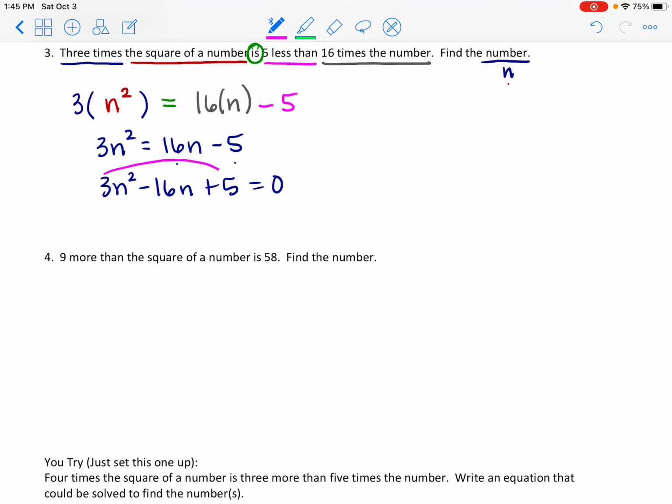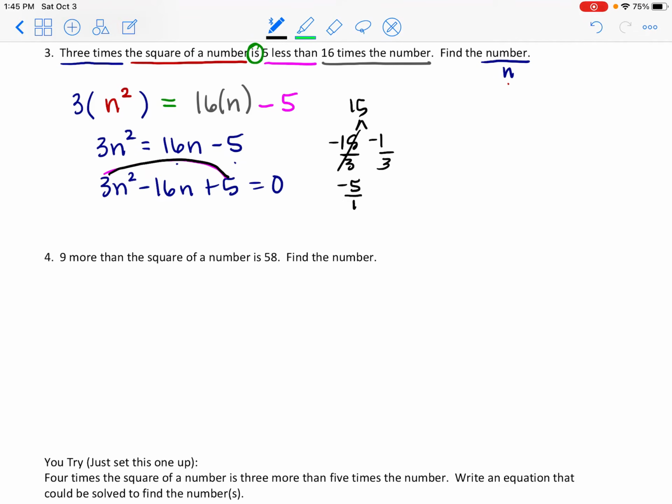So 3 times 5 is going to give me 15. Let me change colors. Let's see, 3 times 5 is going to give me 15. I can use 15 and 1, if they're both negative, to multiply to 15 and add to negative 16. If I divide by 3, that's going to reduce.